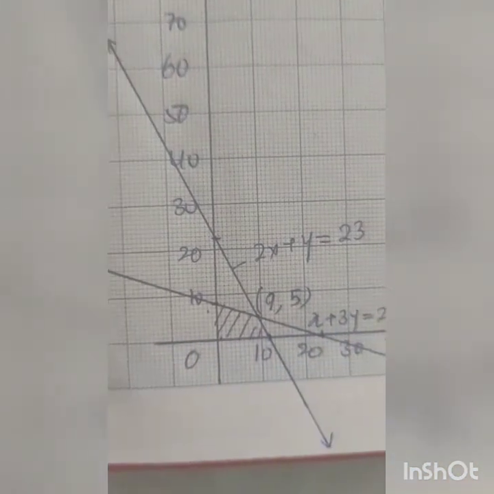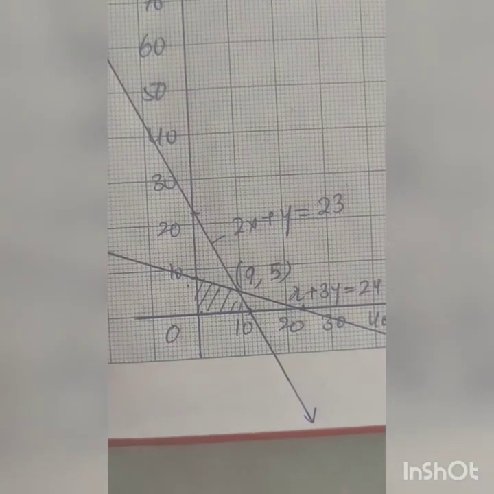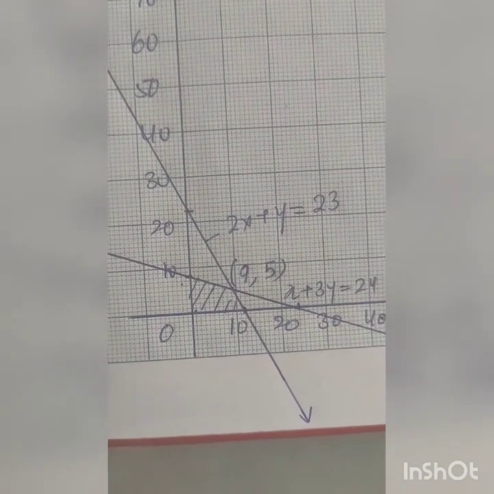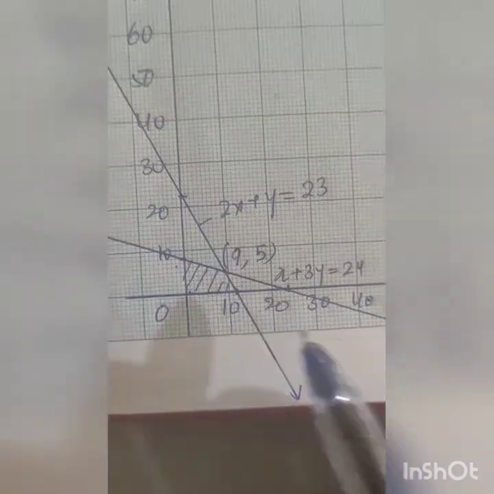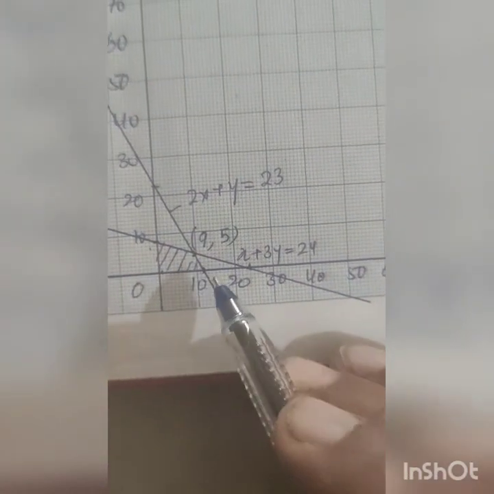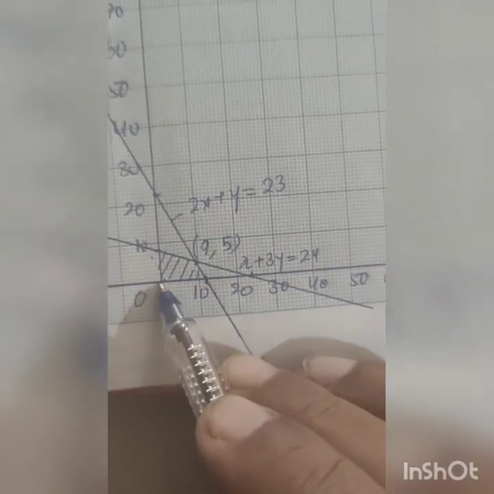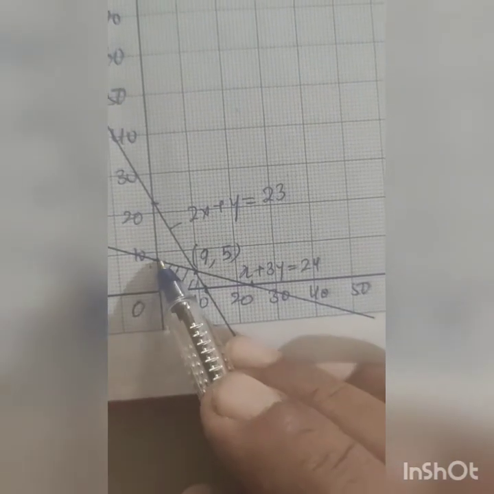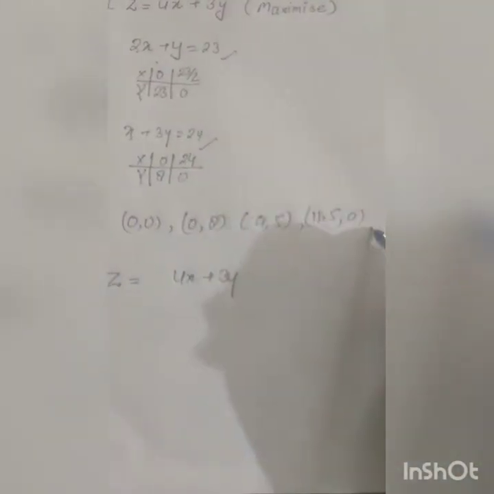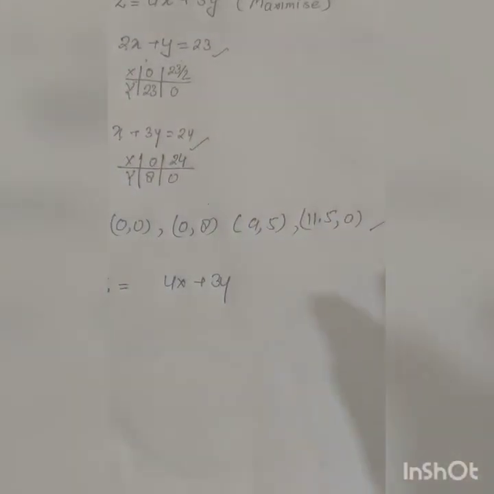Now we need to write the corner points. One is this, another is this, that is 11.5, 0, one is 0, 0, and the last one is 0, 8. So these four are the corner points for the problem.